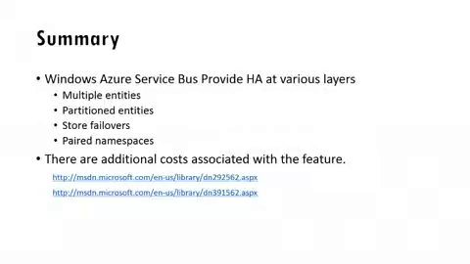Service Bus also provides automatic store failovers so that if one data store fails, you can still leverage other data stores to continue sending and receiving messages. And we also have paired namespaces, which give you geo redundancy: in case one data center fails completely, you can still use paired namespaces to keep sending messages.